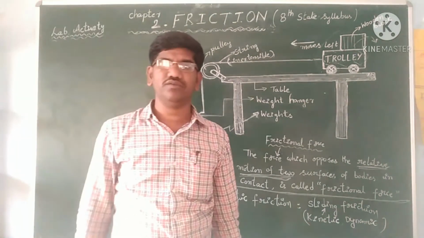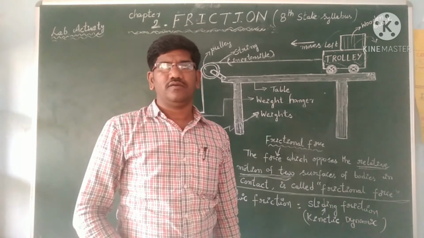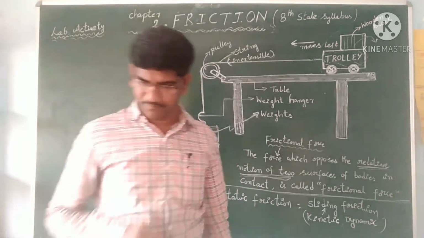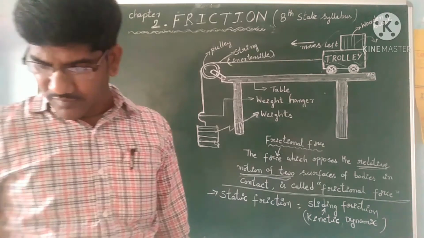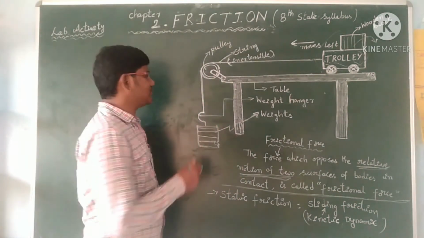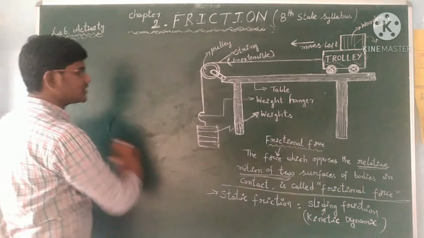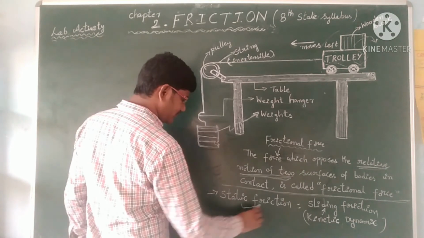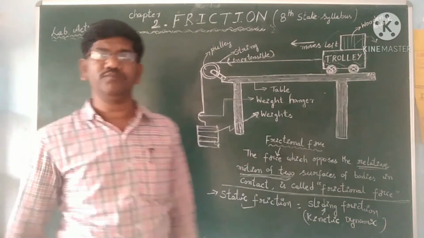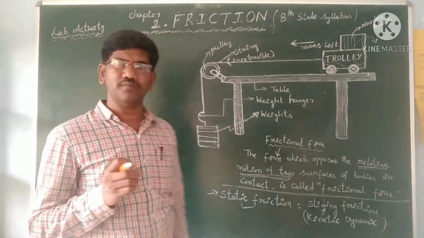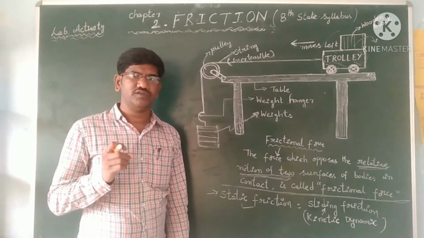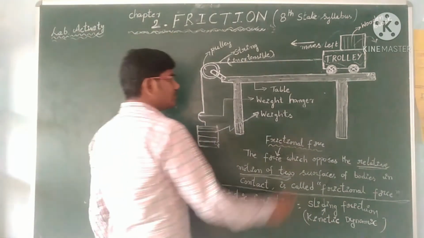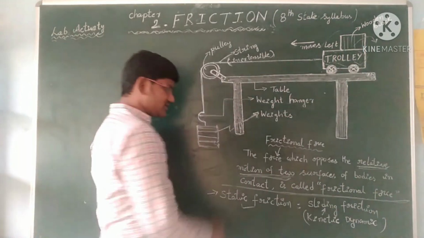Static friction is the friction which comes into play when the surfaces of the objects in contact are at rest relative to each other. So those two objects must be at rest relative to each other. That is about static friction.